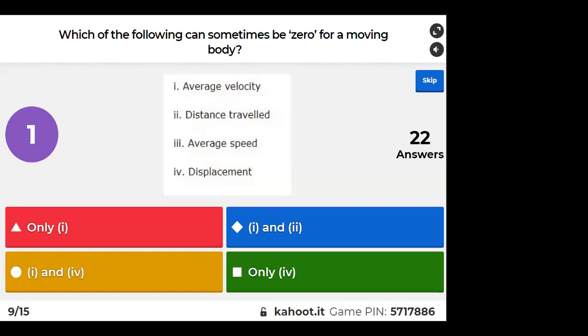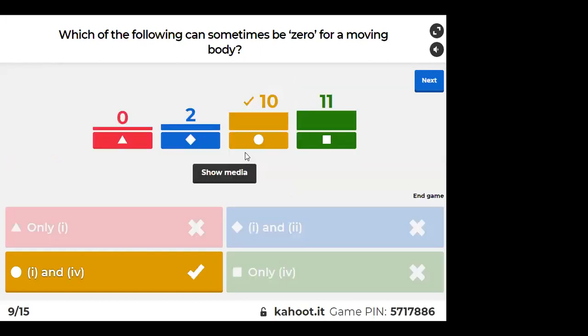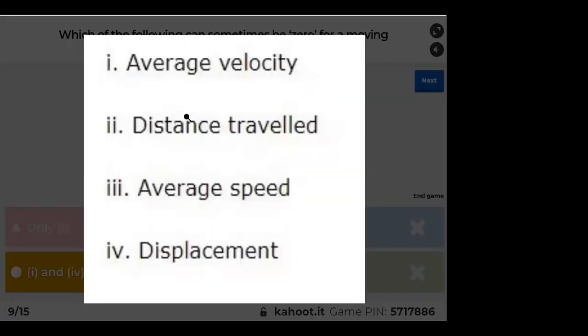Tell me guys, what's the answer? Which of the following can sometimes be zero for a moving body? Obviously, the answer is what? Tell me, what is the answer? Average velocity, yes, right? And displacement, because it can be negative also. It moves this way, then moves back this way, right?